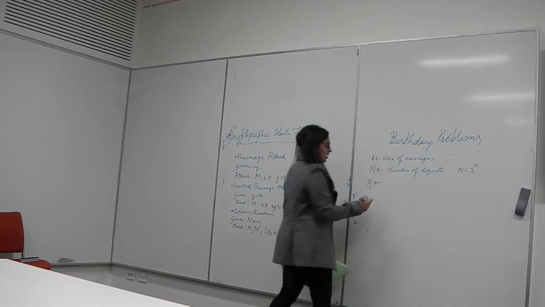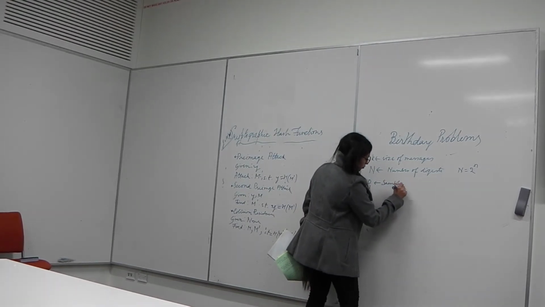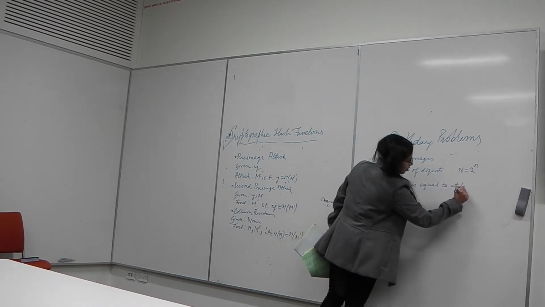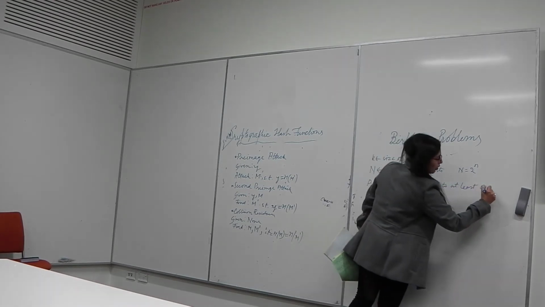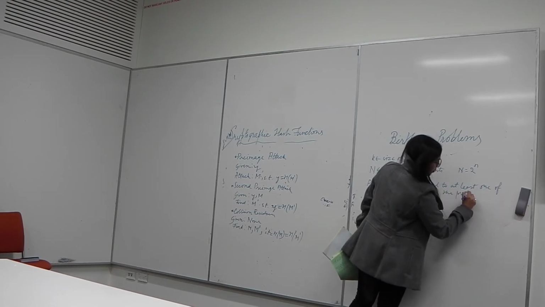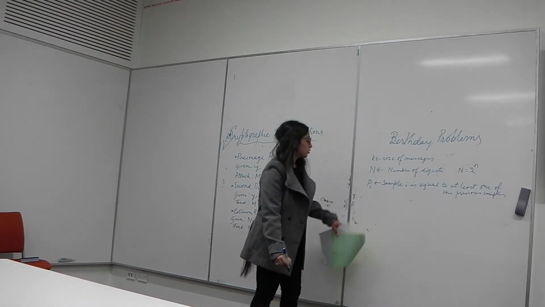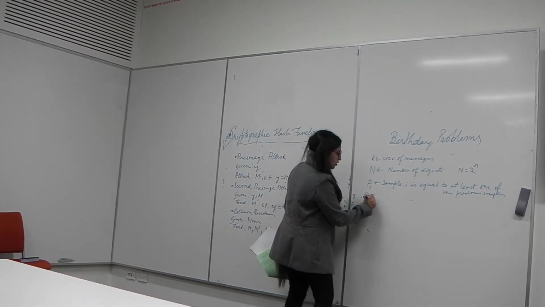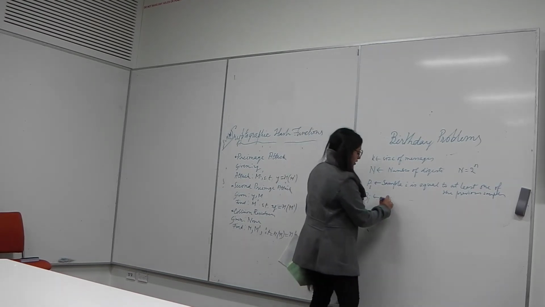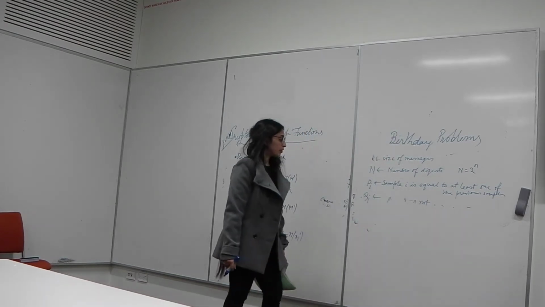Pi is the probability that sample i is equal to at least one of the previous samples, samples as in messages here. Qi is the probability that sample i is not equal to any of the previous samples.